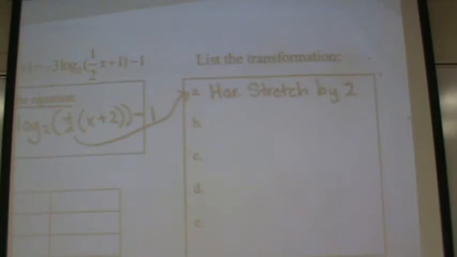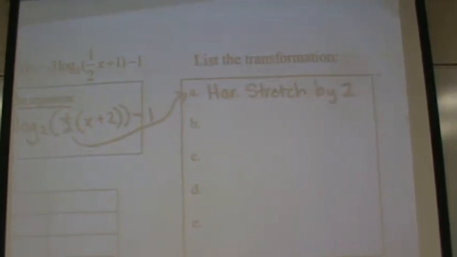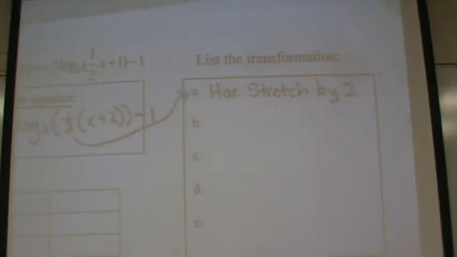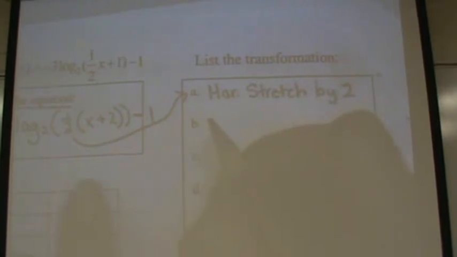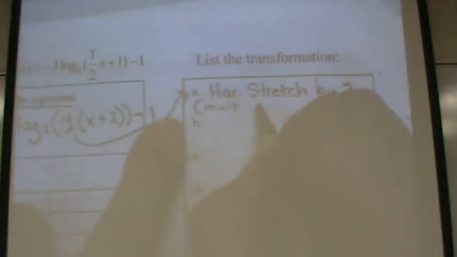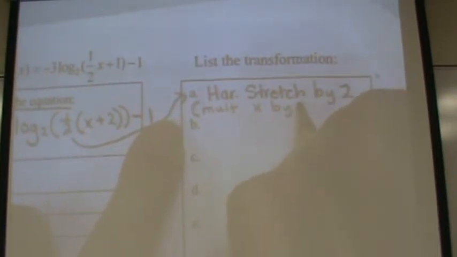Now, mathematically, how do you do that? What do you multiply the x's by, 2 or 1/2? 2. So put in parentheses, multiply the x by 2.